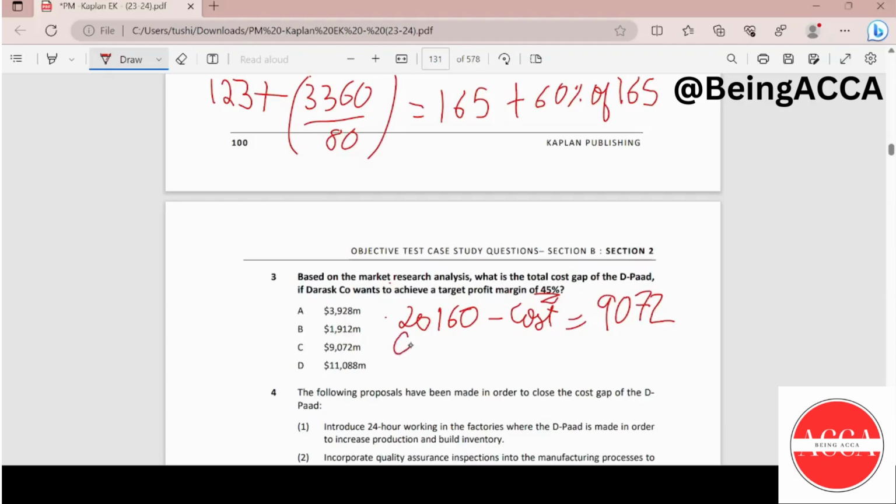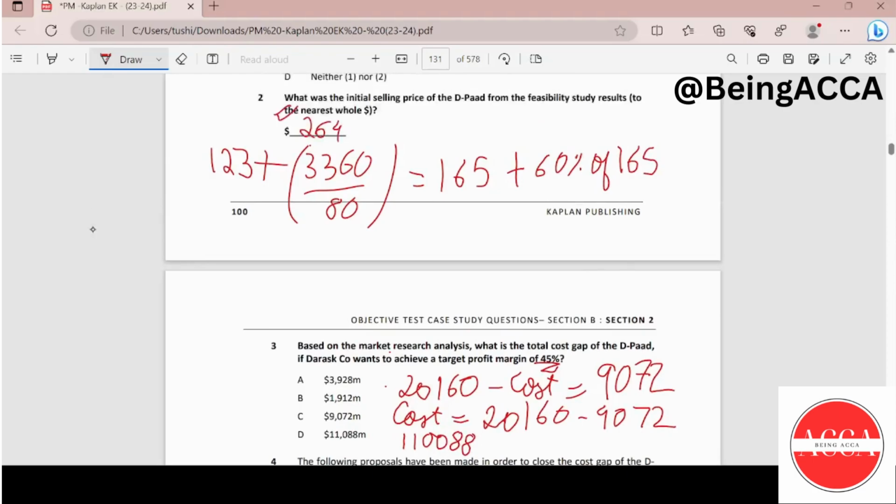My cost would become 20160 minus 9072, and if I do that, I will get 11088. So my cost should be 11088.